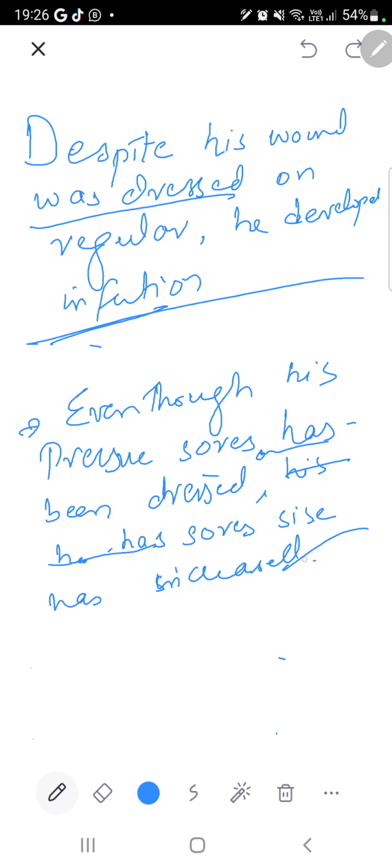So we can see that we can use the different clauses in different tenses, right?